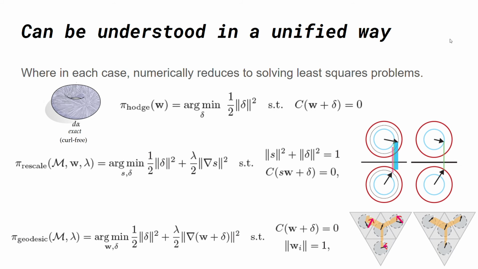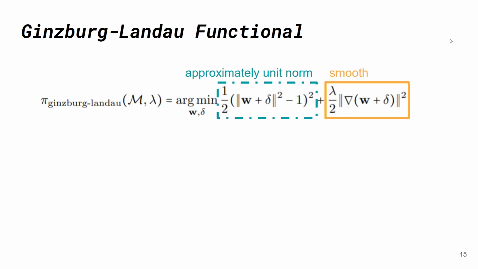So now let's think in the time remaining, let's dissect this third formulation a little bit more. In the mathematical physics literature, there's the idea of a Ginzburg-Landau functional. There's an idea that in many settings, it's interesting to look for fields which are everywhere approximately unit norm and smooth.